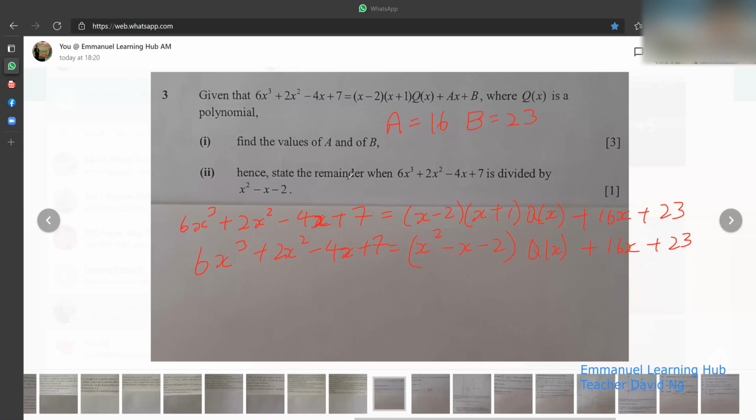The question is asking, state the remainder when this polynomial is divided by this.